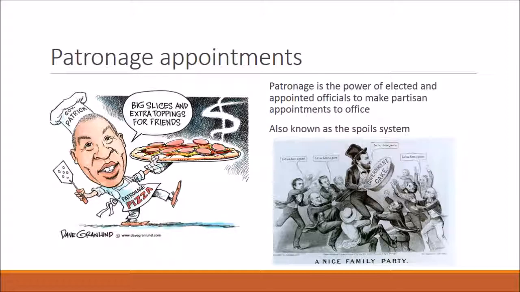While subject to frequent attack from reformers, patronage has traditionally been the method by which political leaders ensure themselves a loyal support system of people who will carry out their policies and organize voters for their continued political control. The patronage appointment process is more commonly known as the spoils system. And the cartoon on the right is certainly from several hundred years ago when it was known as the spoils system.